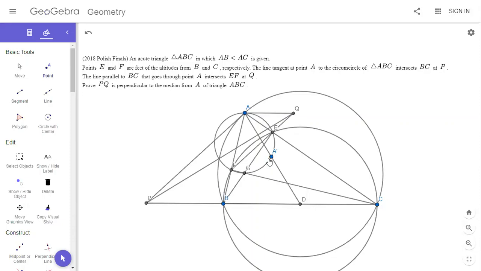If we know A prime is the Humpty point, I think it's pretty clearly finished, because basically that means that GA prime is perpendicular to AD, and by definition we also know that AA prime is perpendicular to PQ, right? I mean, we know that A prime and B are collinear. So I think that would solve the problem immediately if we knew that.